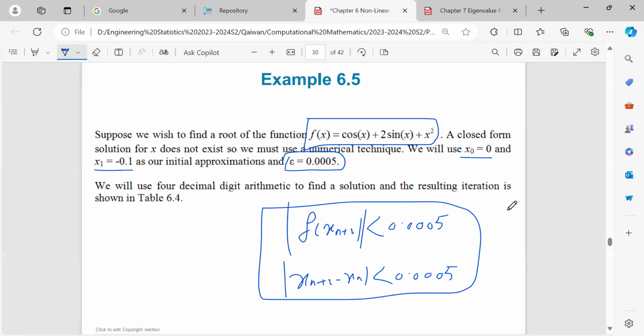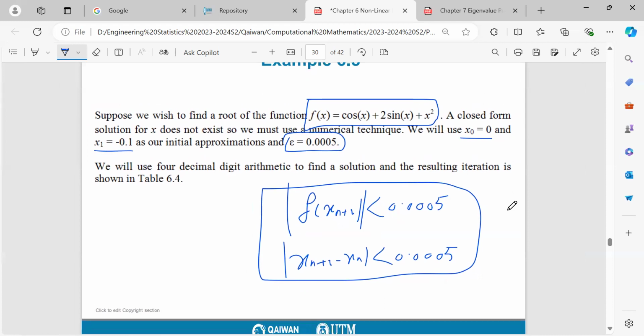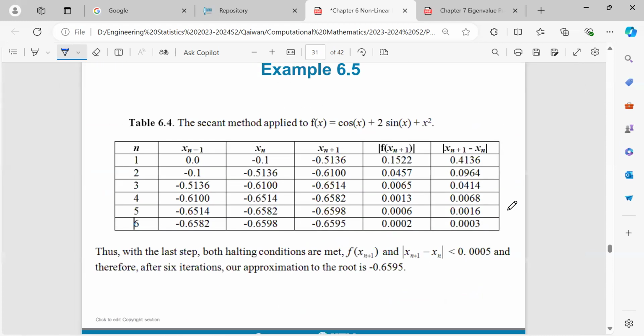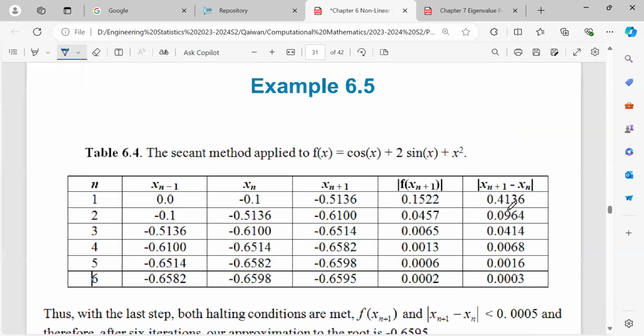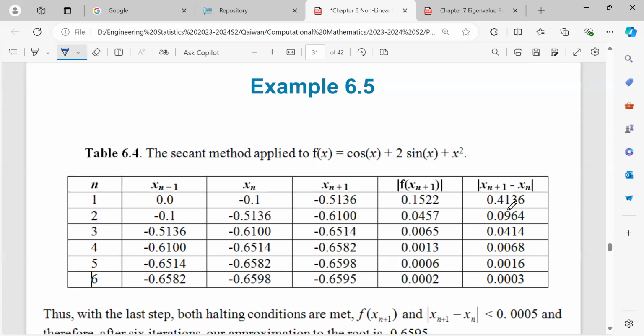Now, all the required information is given. The function, x0, x1, and also the error. These all are given. So we do the same as you did before. In the first iteration here, x0, x1. Okay, that's x0, x1. We find x2. That's the value of x2.